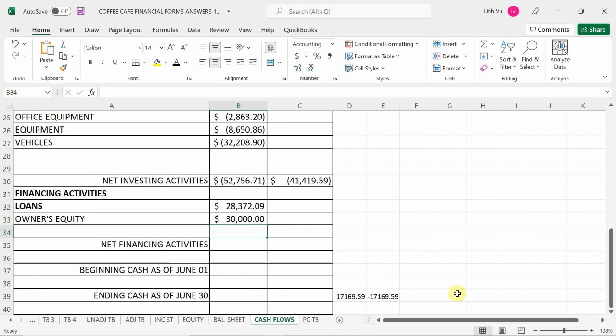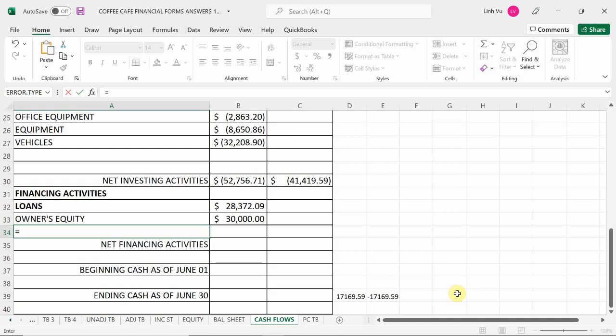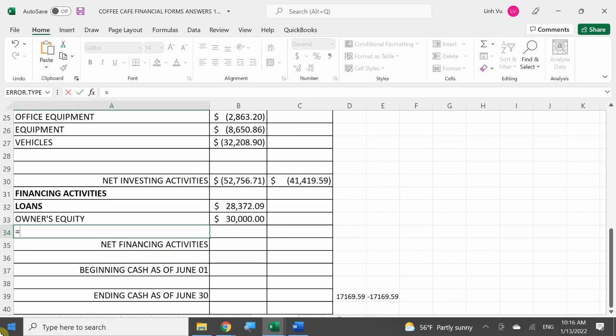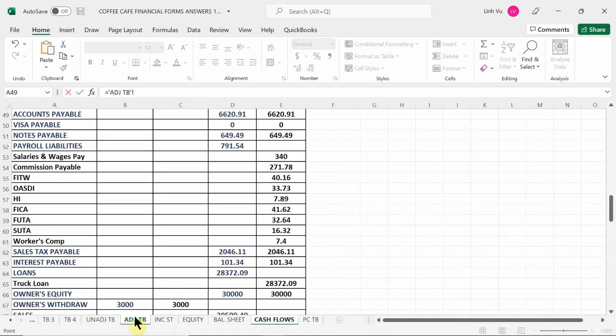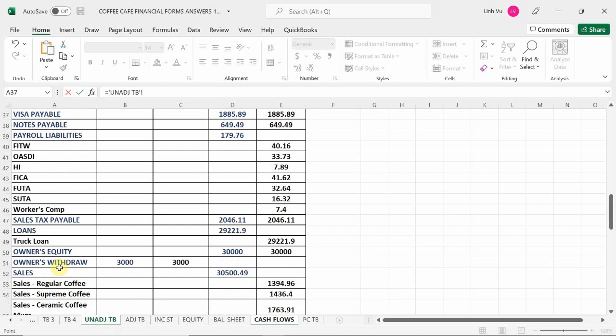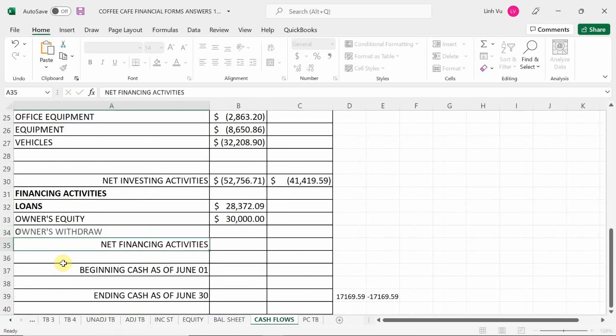So therefore, that's money that we had to supply my business because we put money into the company. But however, we ended up withdrawing some money from the company.